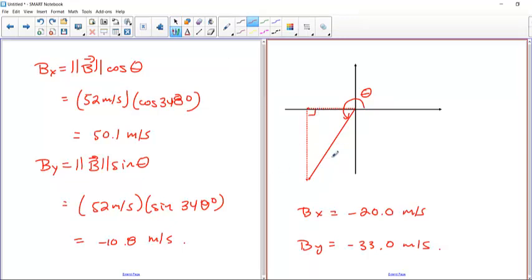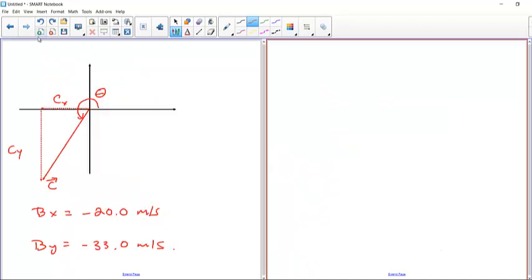We'll call this vector C. Actually, let's just call it vector C. So you've got C sub x, you've got C sub y. C sub x is negative, C sub y is negative. So you just have to go the other way.